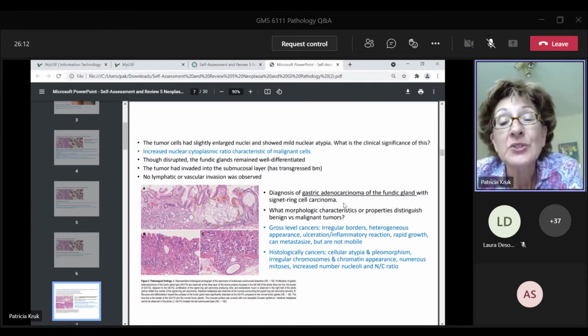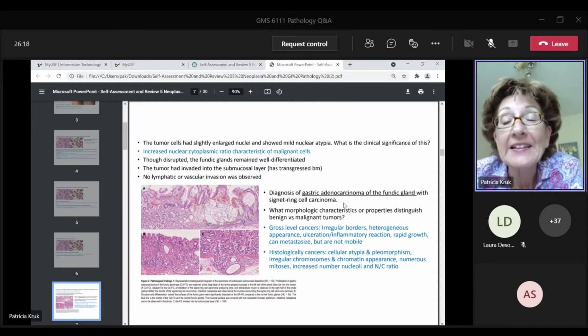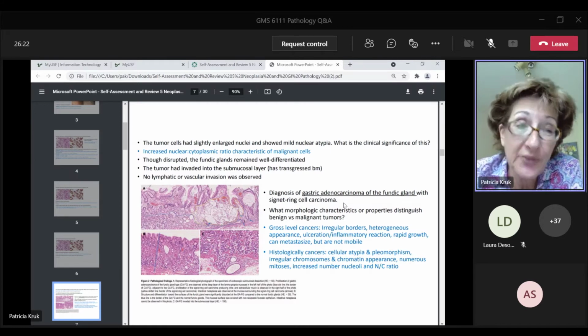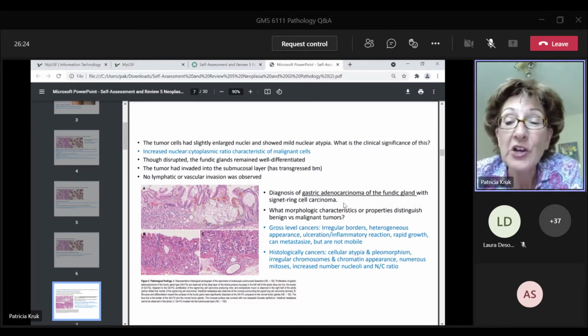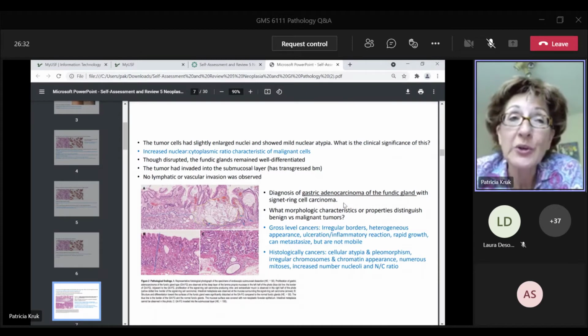Okay. So it's not surprising that cancer cells, which destroy tissues, grow quickly and spread eventually, at the histologic level mimic what you see at the gross level. Histologically, you're going to see a lot of what we call cellular atypia. The nuclei look different. There are increased numbers of nucleoli.